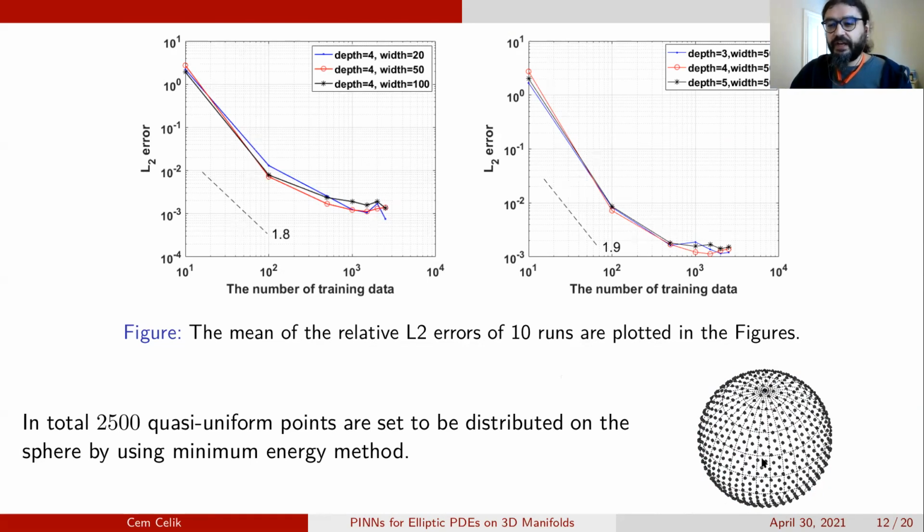And in each rectangle, they have a parametrization which only depends on the angles of the points on these rectangles, like we have in the spherical coordinates theta and phi. And in each rectangle, they choose points using that parametrization.